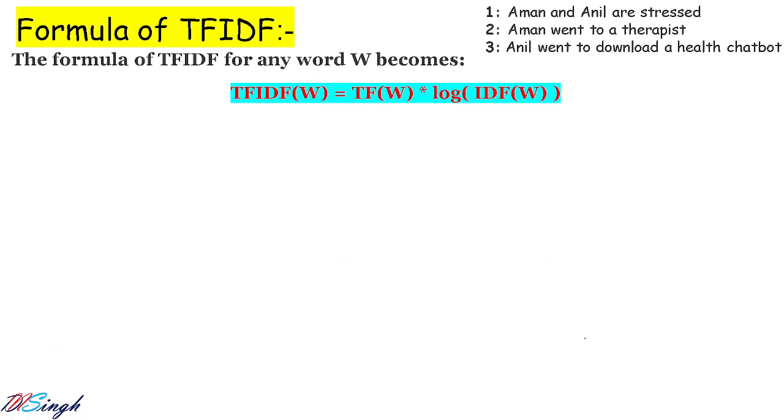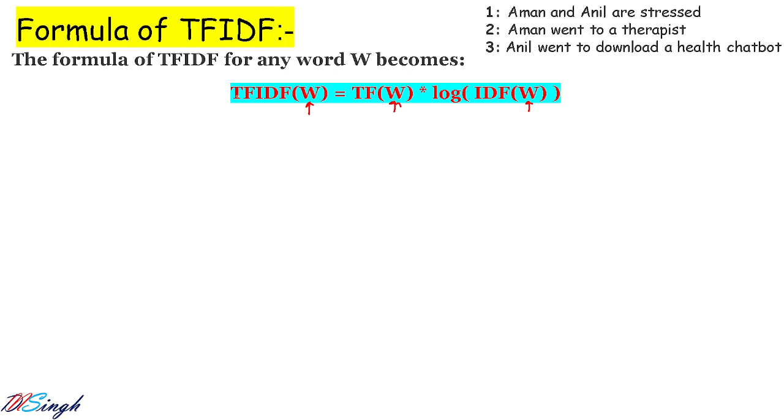Let us go for the formula, that is TF-IDF. Now our job is to calculate TF-IDF. So TF-IDF of any word W will be the term frequency of W multiplied by the log of IDF of W. The inverse document frequency value will be put inside the log and multiplied with the term frequency of that word.